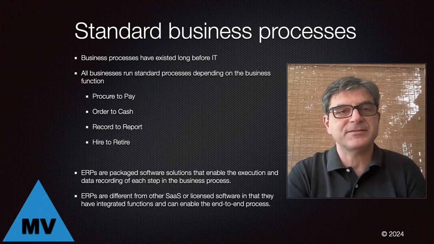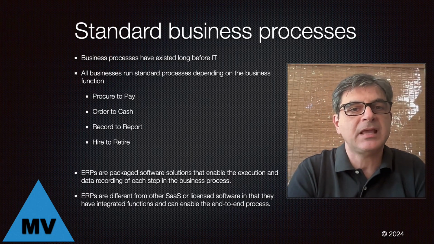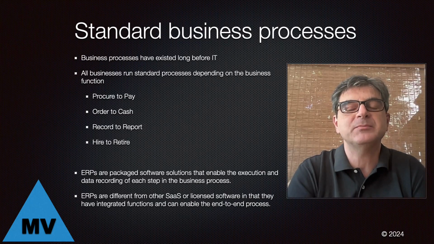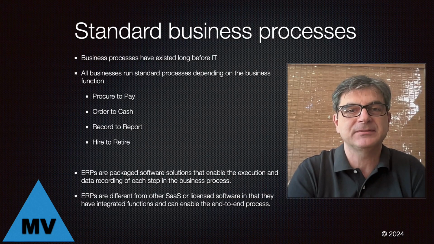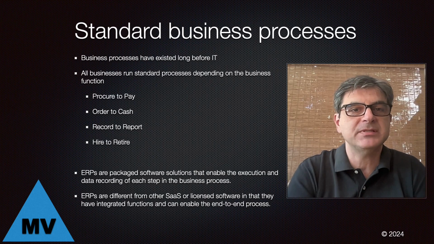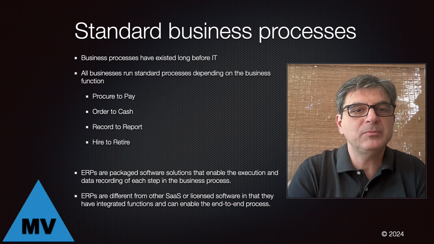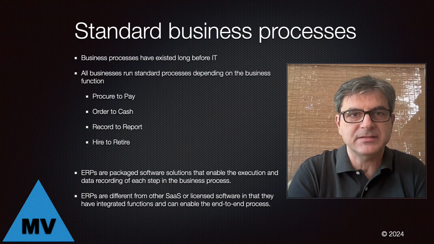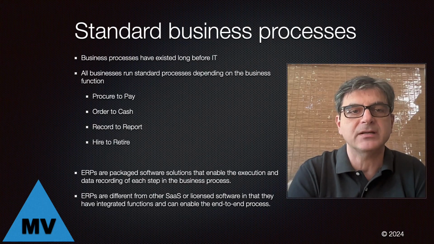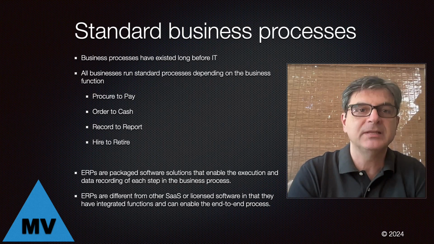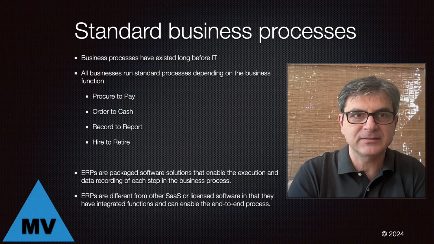Standard business processes. Business processes have existed long before IT was around. We can say that business processes have been around for as long as businesses have been around. All businesses run standard processes depending on the business function. Examples of these are procure to pay, order to cash, record to report, hire to retire.